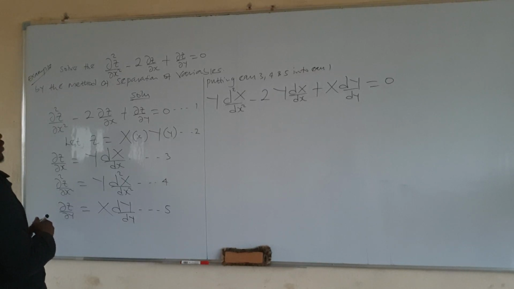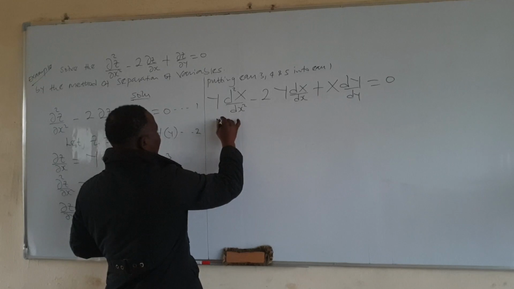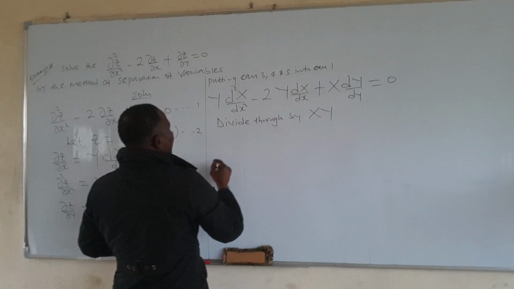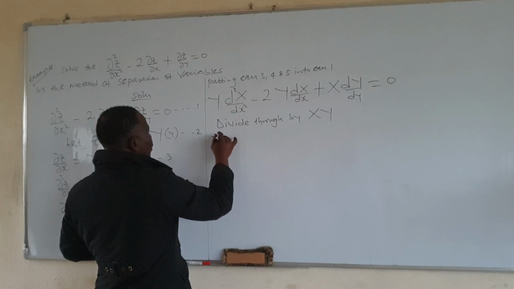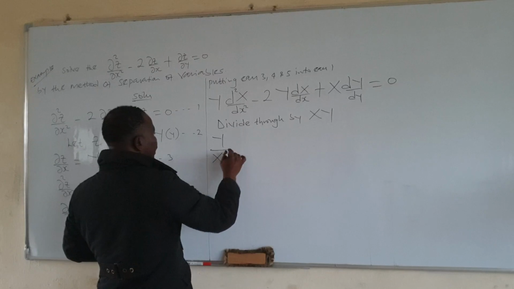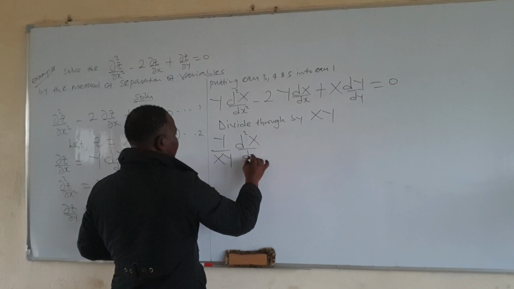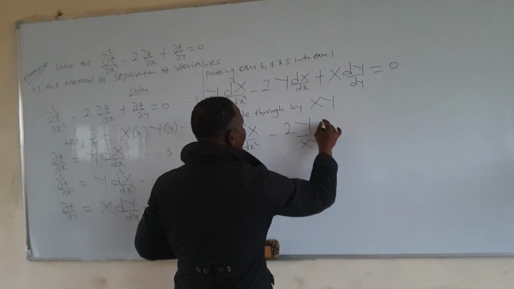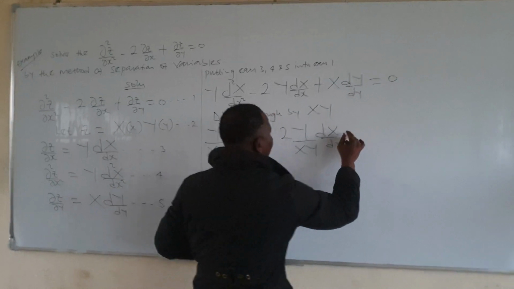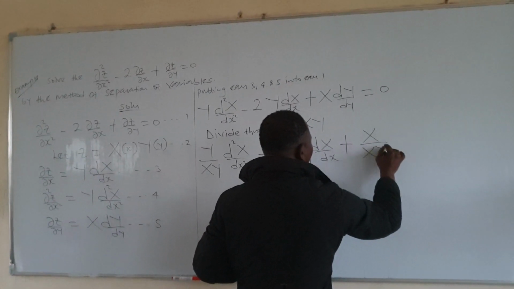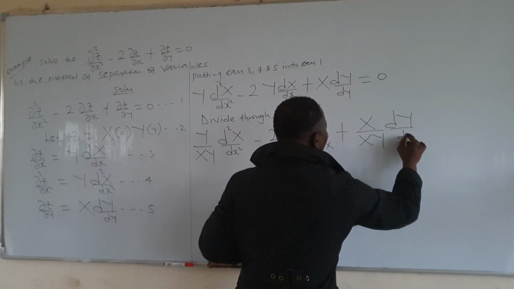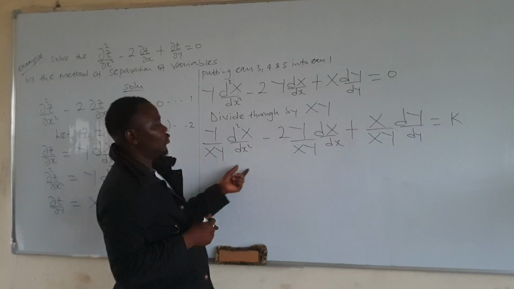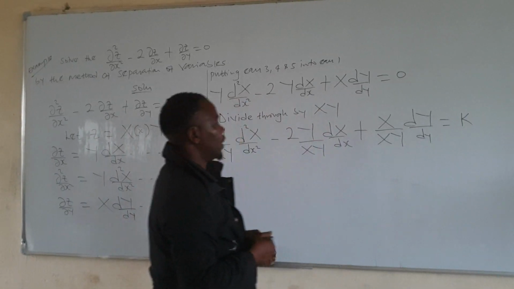Dividing by XY, we have Y all over XY d square X all over dx square minus 2Y all over XY dX all over dx, then plus X all over XY dY all over dy equals k, because we are going to obtain 2 differential equations. So you equate it to a constant k. Is that clear?